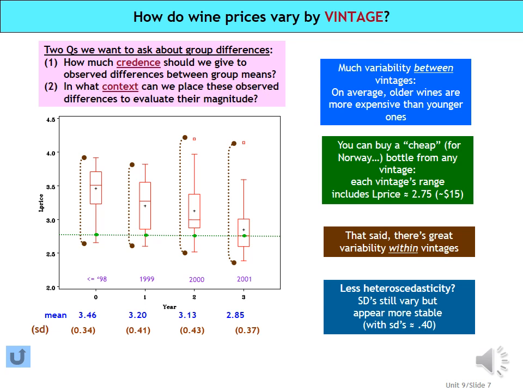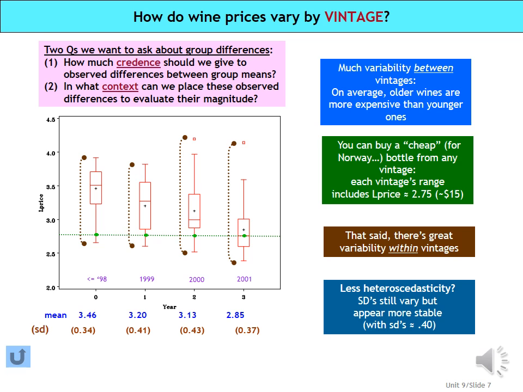That's just what we are asking for: in what context can we place these observed differences to evaluate their magnitudes? In the research context, there are a lot of variations in here. So how much will the variation we have affect our trust in our results?